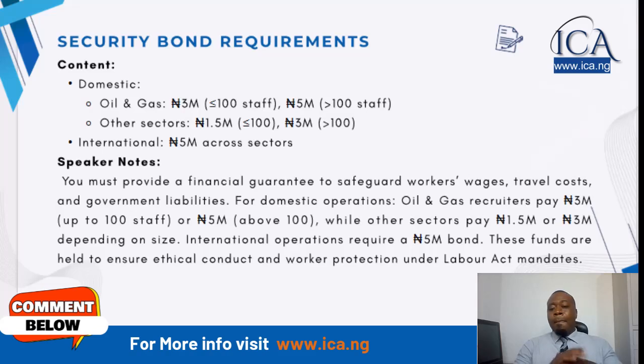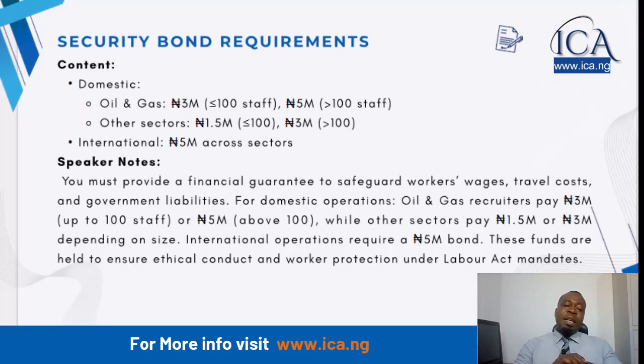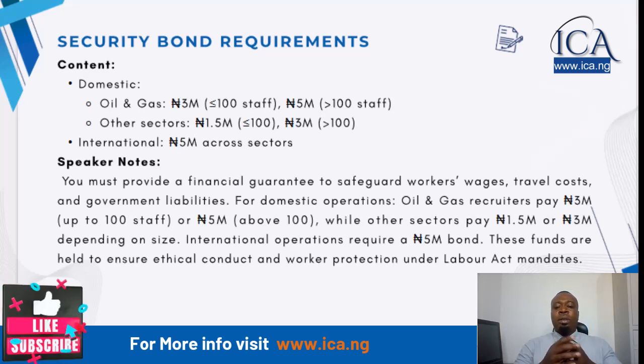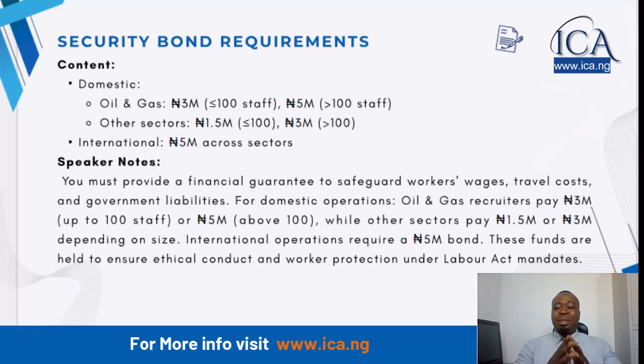And for international operations, that's if you are making an application to take Nigerian workers off the shores of Nigeria, the bond that has to cover that operation is 5 million naira. And these funds are held to ensure ethical conduct and workers' protection under the Labour Act mandate.